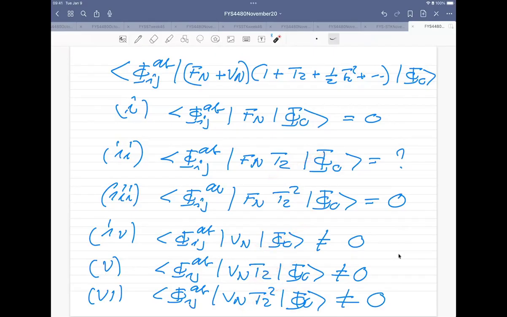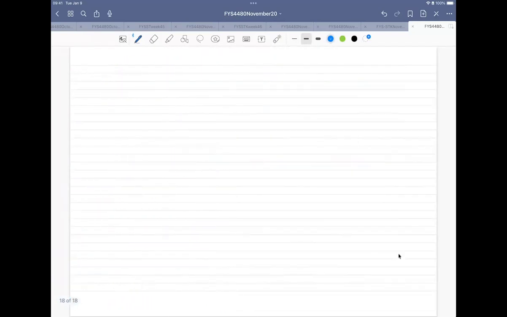Right? And let's start with the term which deals with the Fn operator. And that operator is given by PQ.